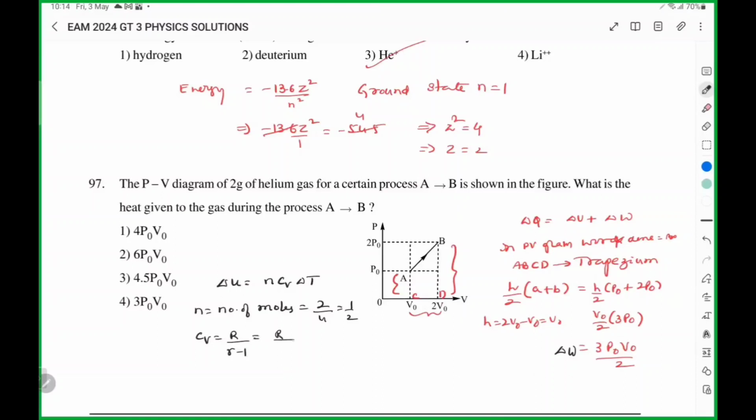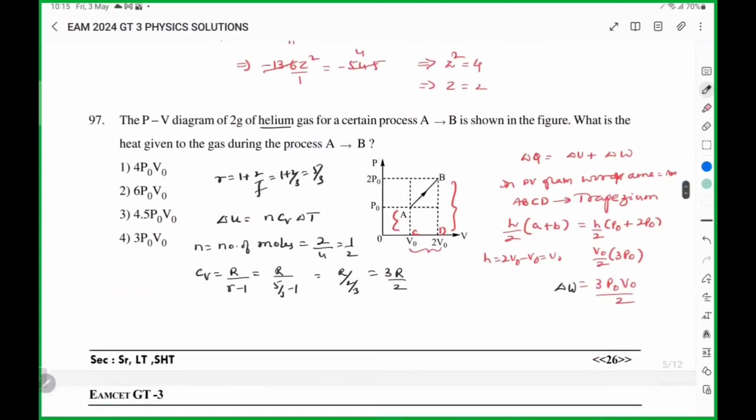Gamma here, it is monatomic, gamma value for monoatomic, degrees of freedom 3, is 5 by 3, minus 1. You get R by 2 by 3, 3R by 2. So delta U here is half into CV, 3R by 2 into delta T. So it is 3 by 4.